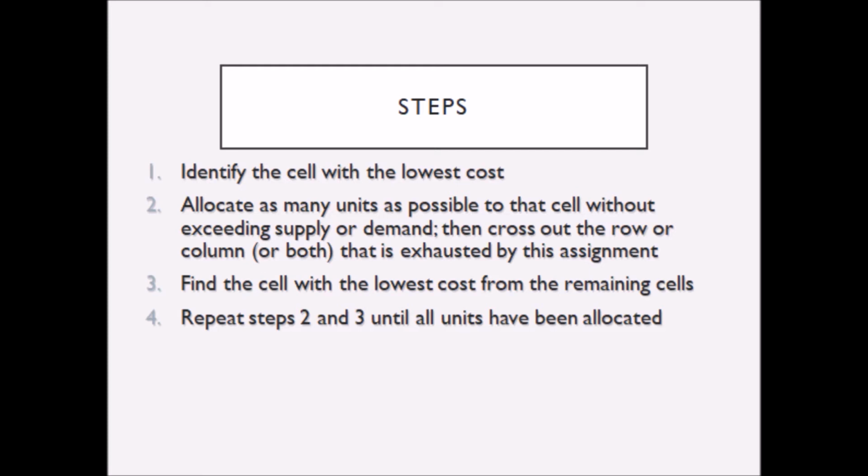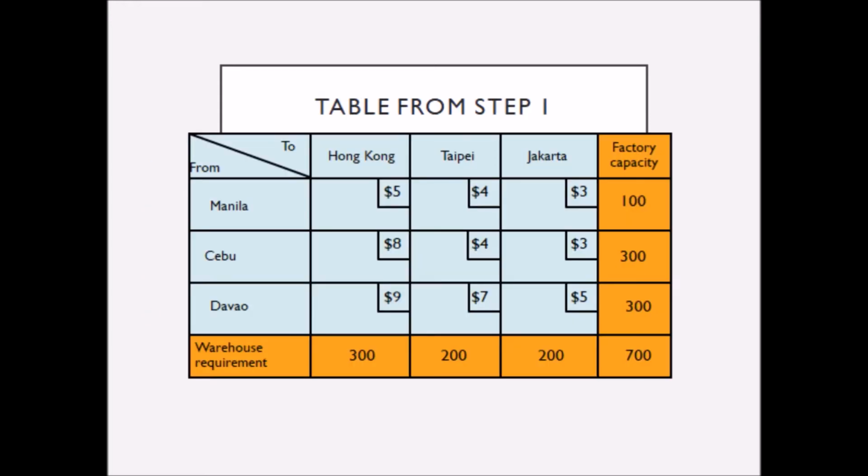So let us go back to the blank table which we did initially before we did the northwest corner rule. For the intuitive lowest cost method, we have to identify the lowest cost. So we have the lowest cost of 3. However, both Manila to Jakarta and Cebu to Jakarta have $3.